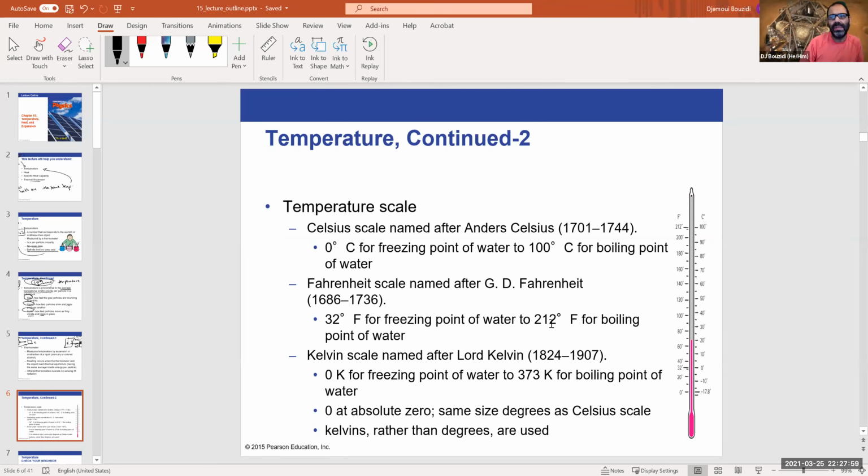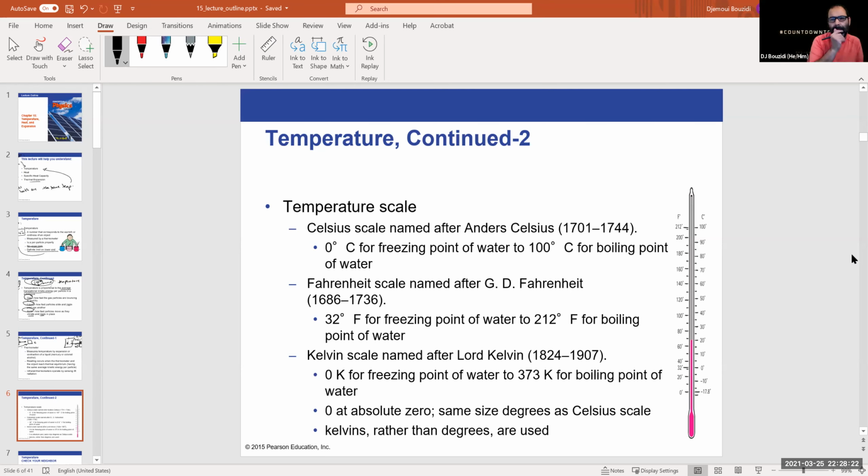It boils at 212 degrees Fahrenheit, and here it boils at 100 degrees Celsius. That's the only difference between them. Obviously, the graduations on the Fahrenheit scale are much finer than the graduations on the degree Celsius scale, and that is basically a detail.